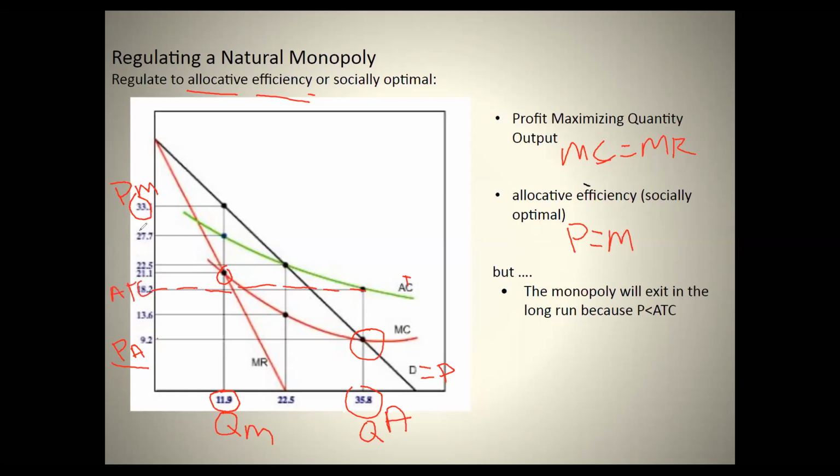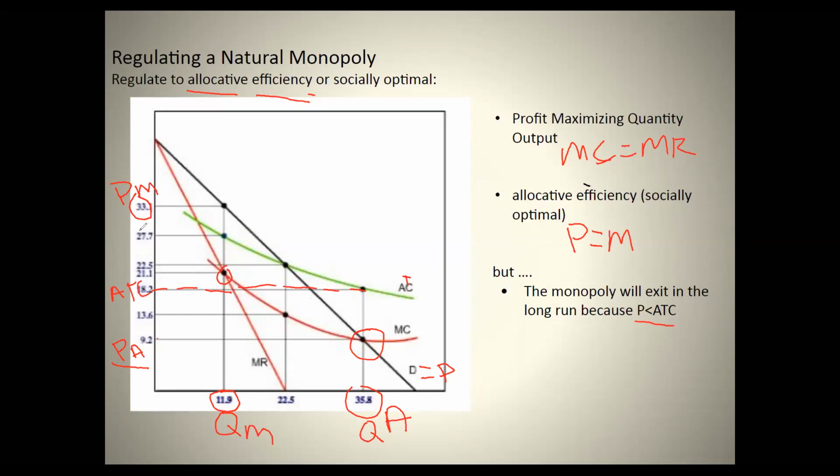So price is less than average total cost at that output, and the monopoly would be making an economic loss and would say to themselves, we must exit.